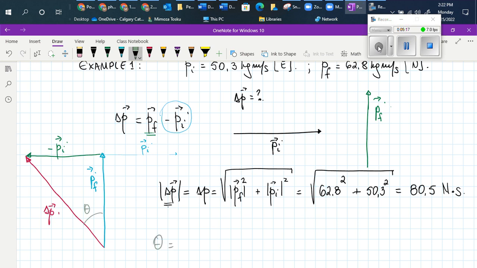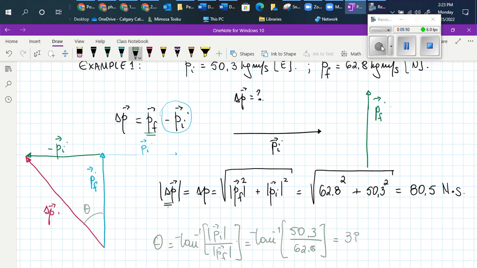I'm just taking this angle, but you can take the angle with the west axis, it will be the same thing. It will be the inverse tangent of the magnitude of P initial over the magnitude of P final, or inverse tangent of 50.3 over 62.8.